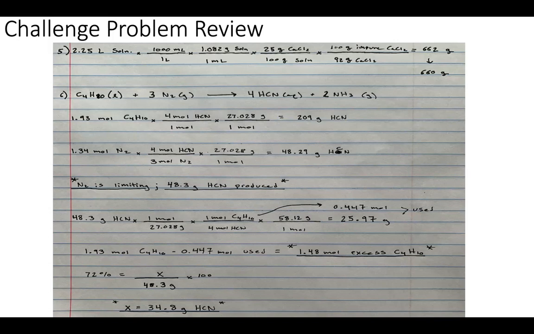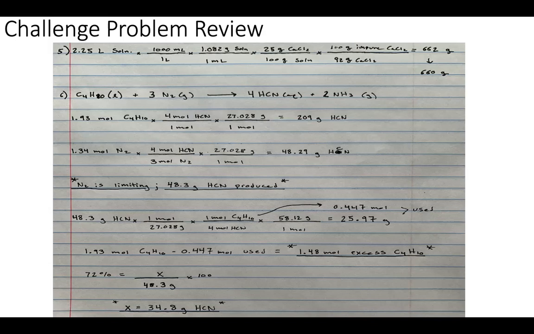Now again, the problem is asking how many grams of impure calcium chloride you need to produce this solution, and that this impure mass of calcium chloride is only 92% calcium chloride by mass, which means, for our last conversion factor, that we use 92 grams of calcium chloride per 100 grams of this impure calcium chloride solid or mass, right?